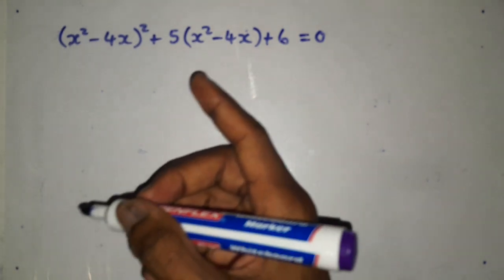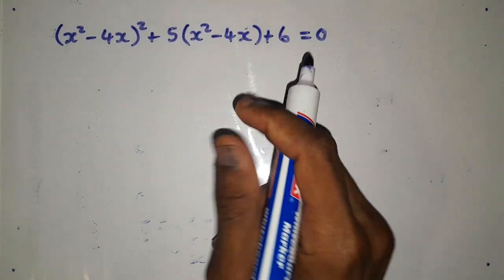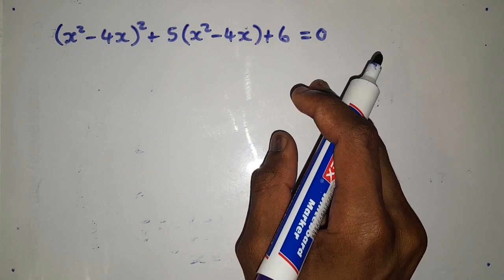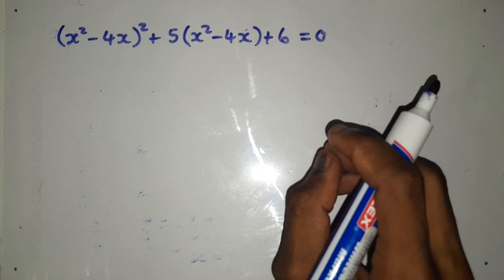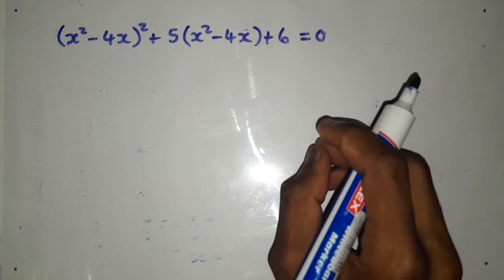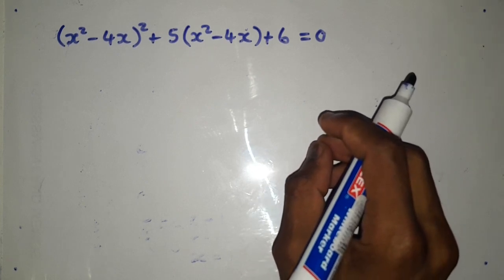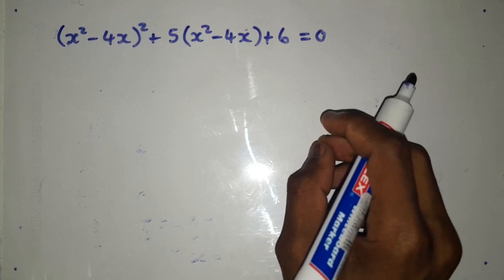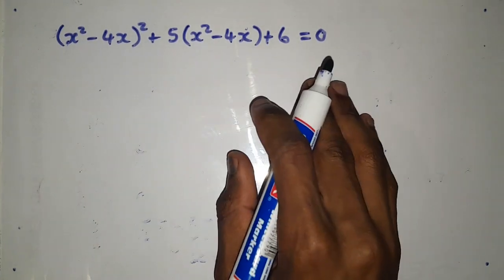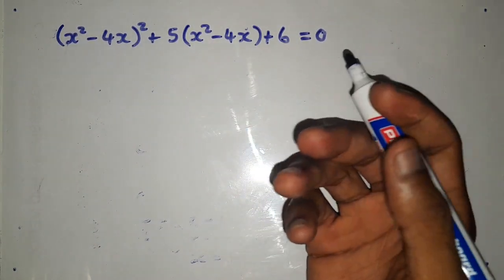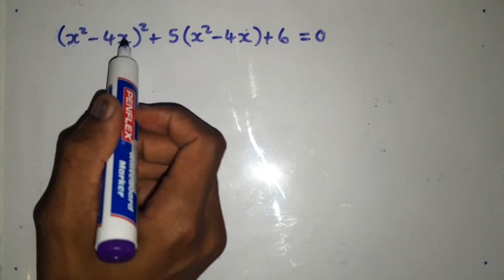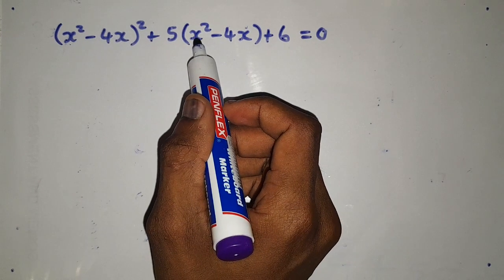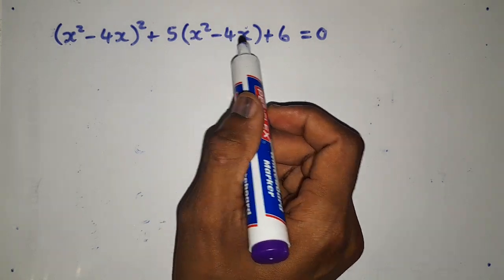Then I ask you to solve for x on this one. From this given equation, you can clearly see that it is much more complex for us to solve for x. Then we need a technique that we can use in order to make our equation look much simpler. We see that x squared minus 4x is exactly the same as this one, x squared minus 4x.